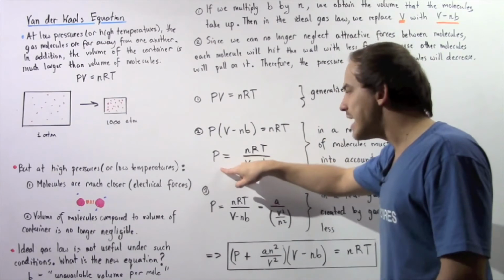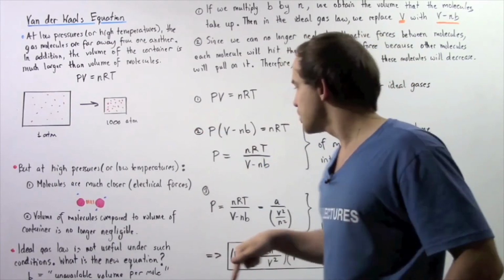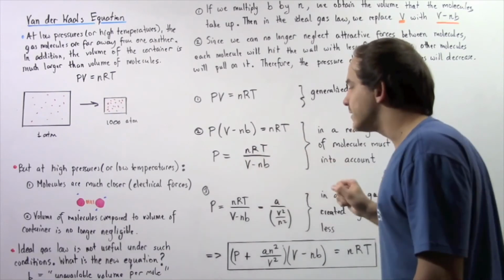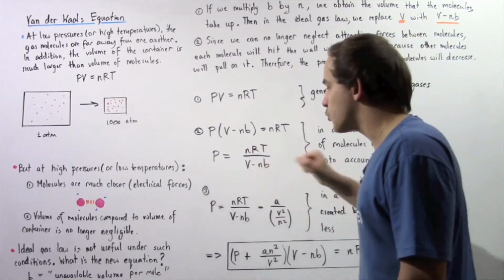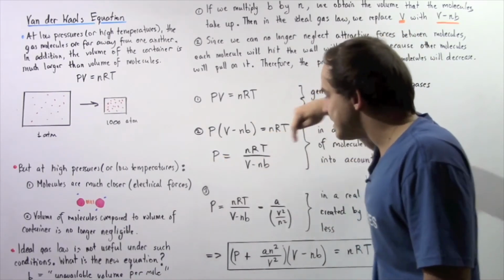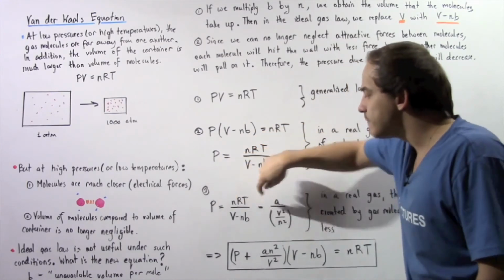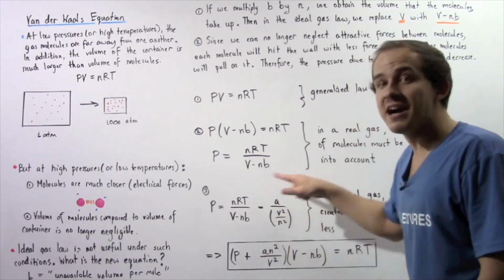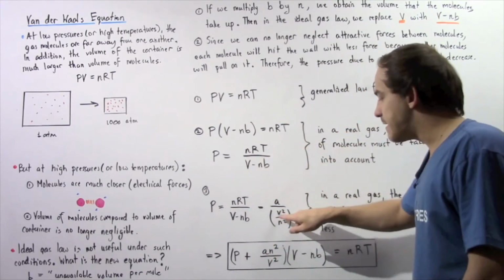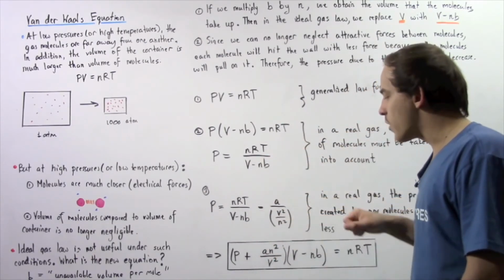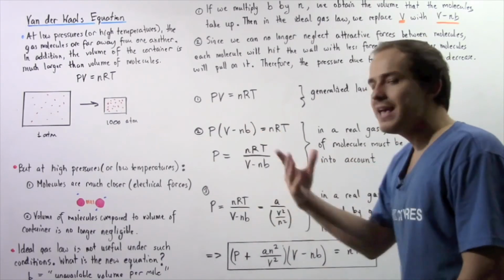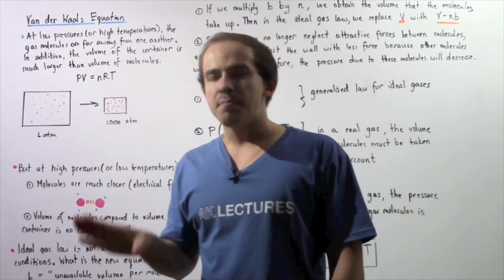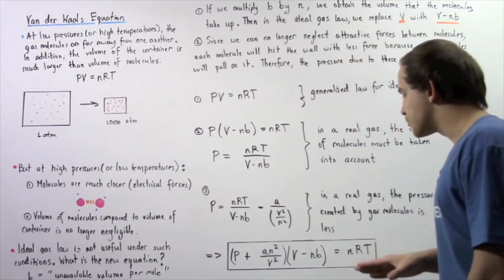So we have to subtract some value from this quantity to take that into consideration. Pressure is equal to nRT divided by V minus nb, minus this constant a times n squared divided by V squared, where V is the volume, n is the number of moles, and a is a constant that depends on the type of gas.